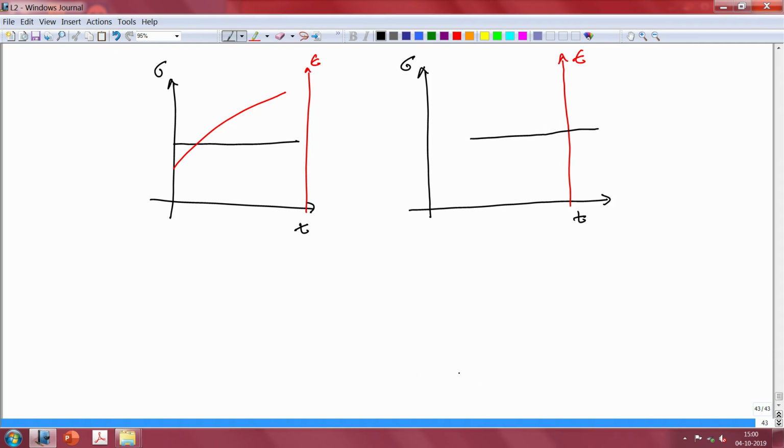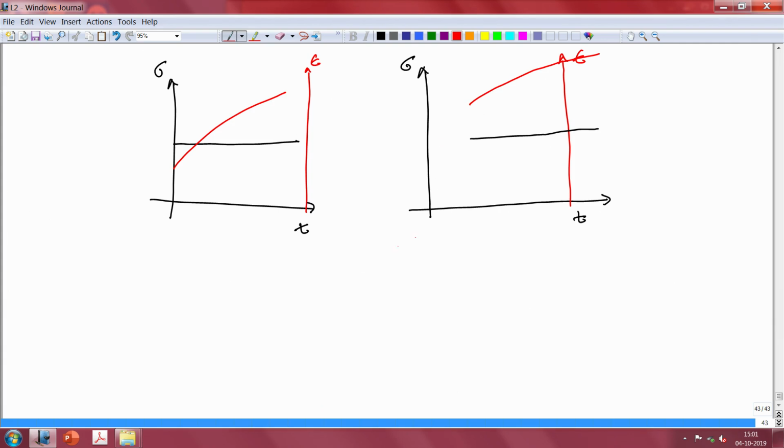But in his case, he applies the same step stress test, but here for him the graph, see this intercept, the y intercept in the two cases have changed.